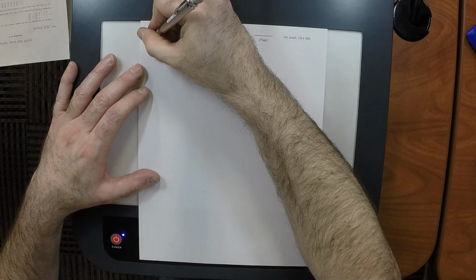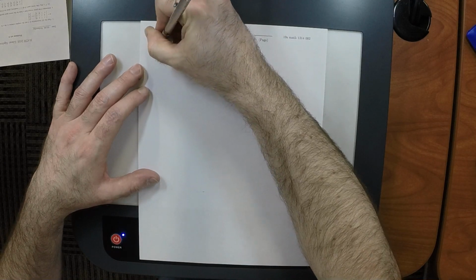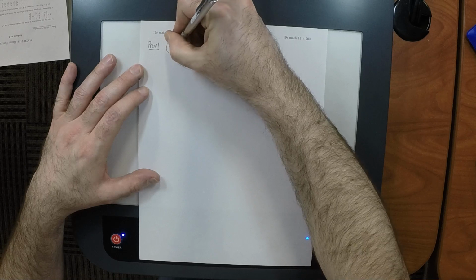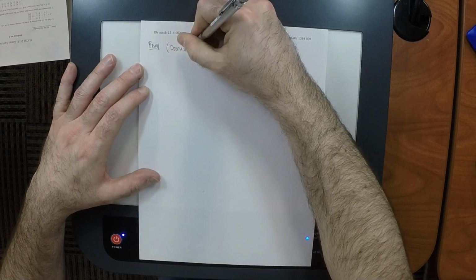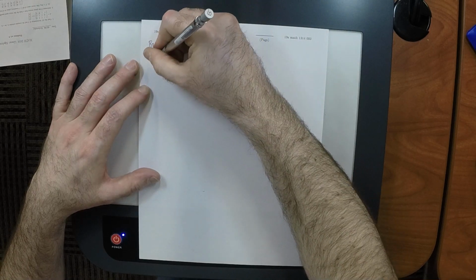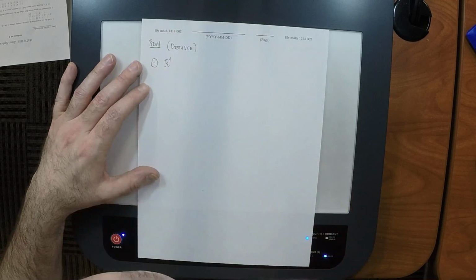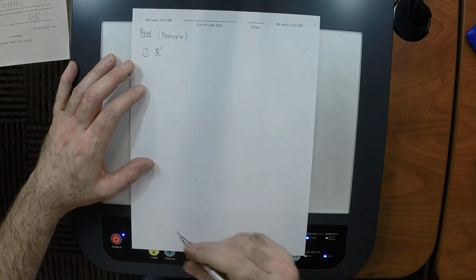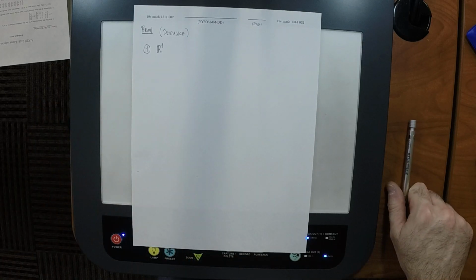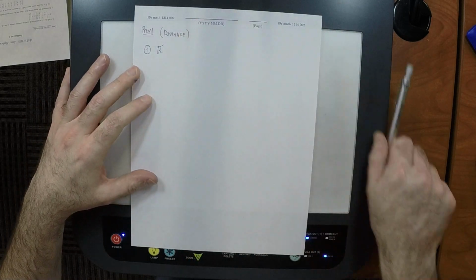we have distance. So in R1, we have two varieties of distance. We have signed distance.